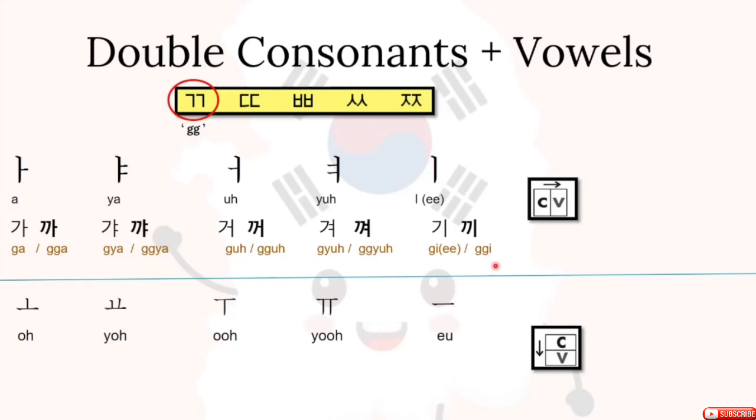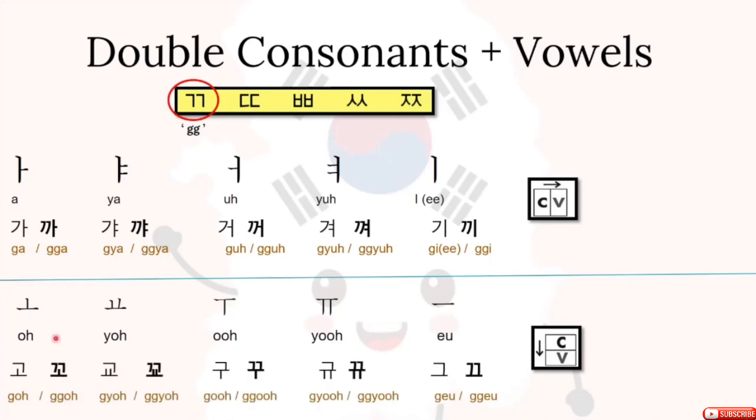That's pretty interesting, wasn't it? Okay. And let's move on to our next set of vowels. Remember this one? The vowels below the consonant? Okay, so we had the vowels O, yo, u, 유, 으. And with the single consonant 그 and O becomes go.